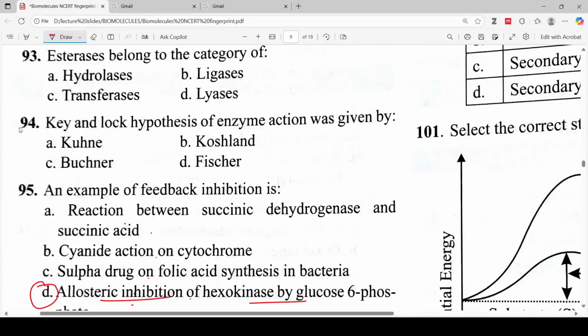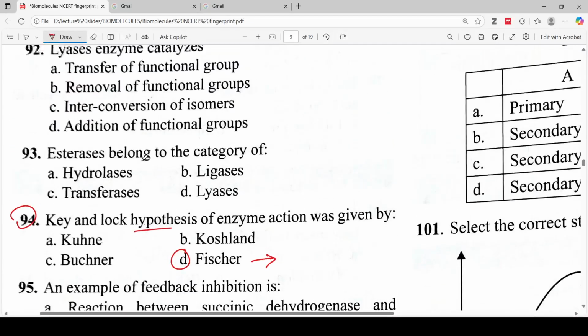The key and lock hypothesis of enzyme action was given by? The correct answer is Fisher. Fisher gave the key and lock concept of enzyme action. Esterase belongs to the category of hydrolase, transferase, ligase, or lyase.